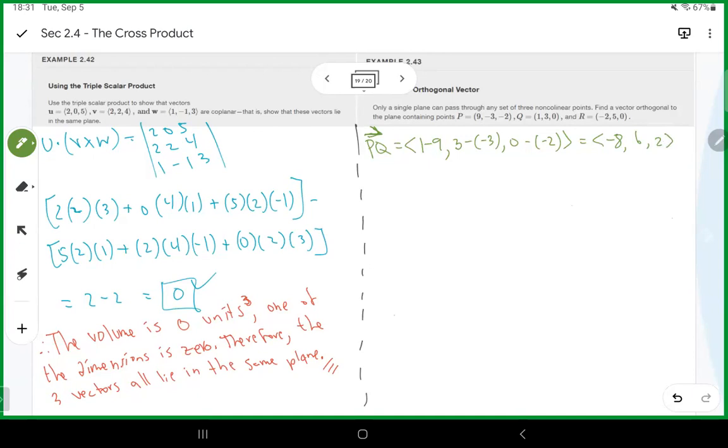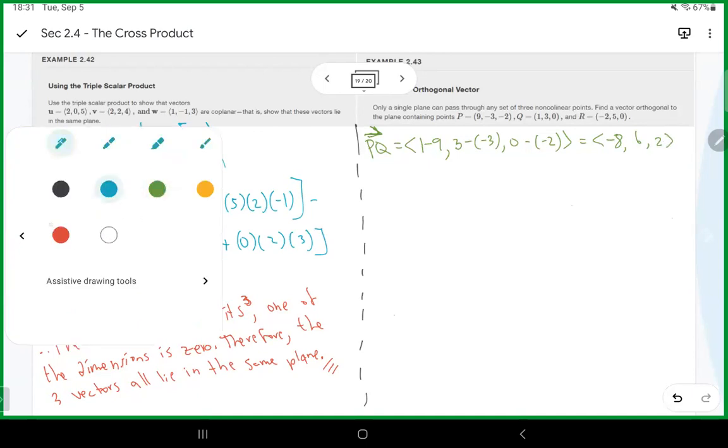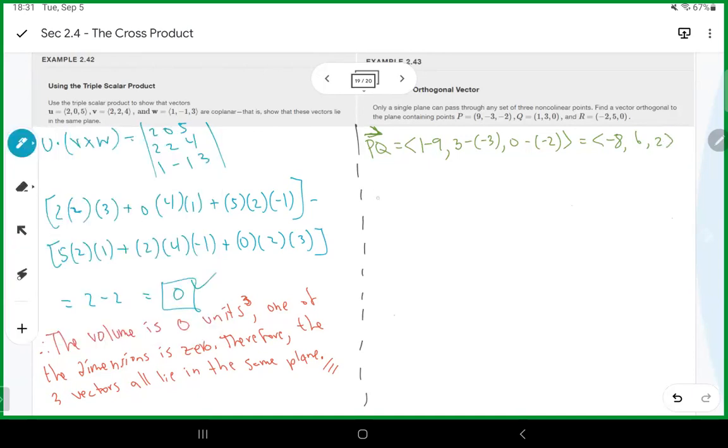And then we also have QR, which will be -2 minus 1, 5 minus 3, 0 minus 0.